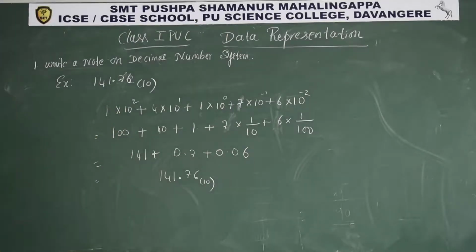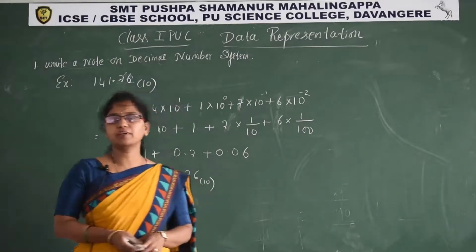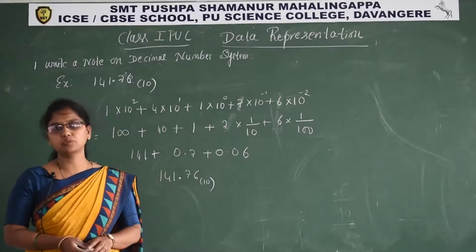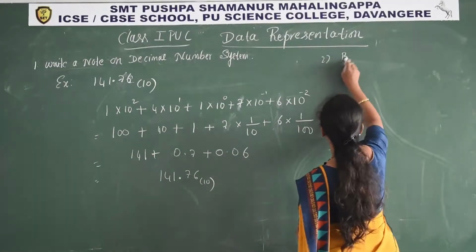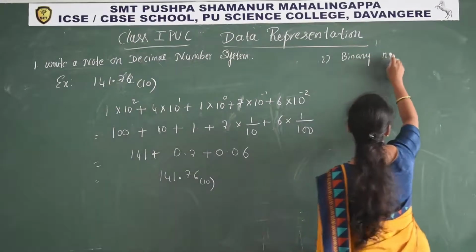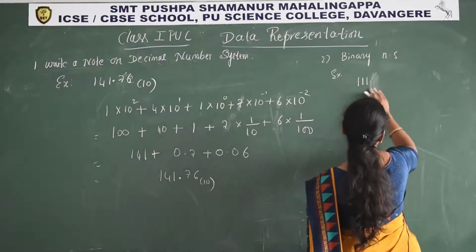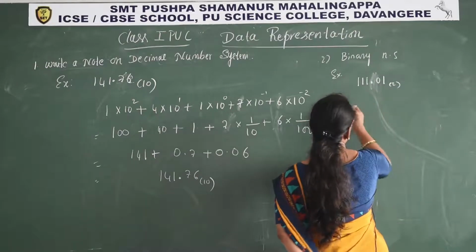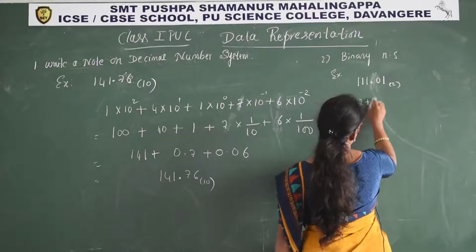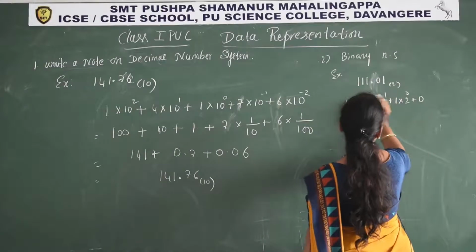Next, binary number system. Write a note on the binary number system. It is also a positional number system. It contains two different digits, that is 0 and 1, and the base is 2. Example, second question, binary number system. 11101, or I'll write only 3 bits, 101 base 2. 1 into 2 to the power 2 plus 0 into 2 to the power 1 plus 1 into 2 to the power 0, start from 0, 1, 2.